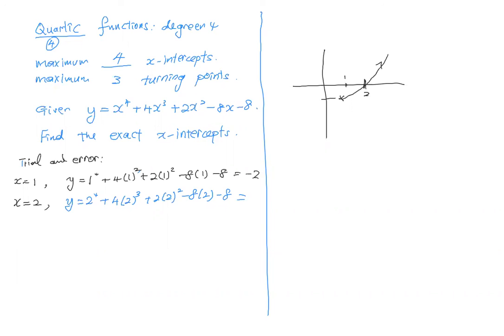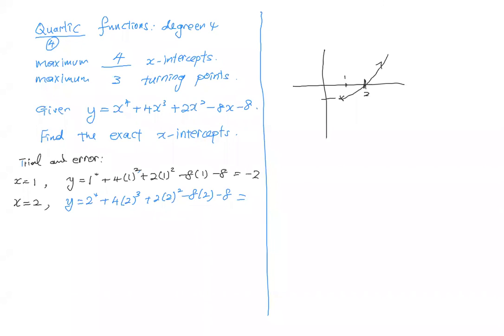x to the power of 4, x squared minus 2x squared plus 2x squared, 4x cubed, 8x. You didn't get 0. No. Okay, you hold on, give me 1 minute. I check where I go wrong, okay?